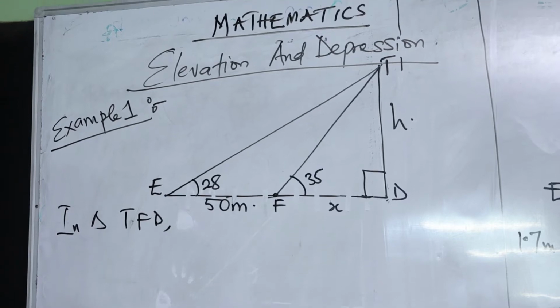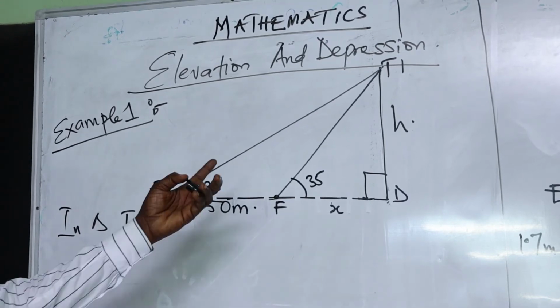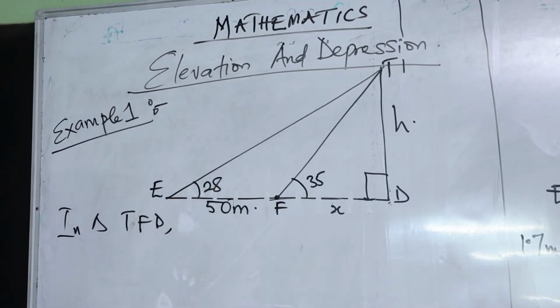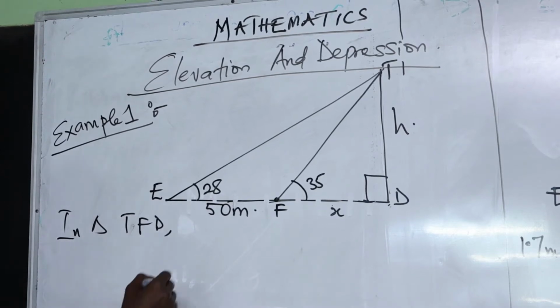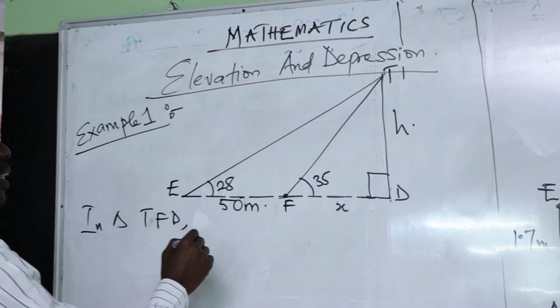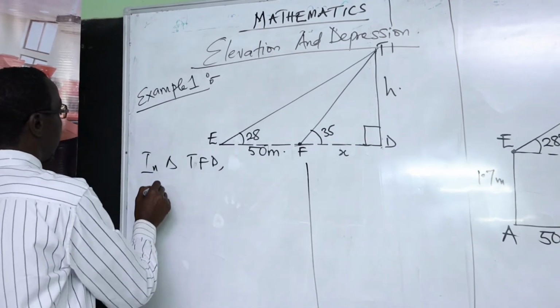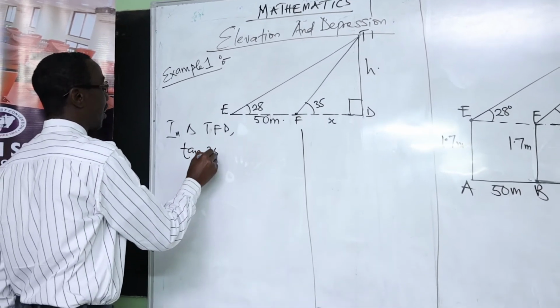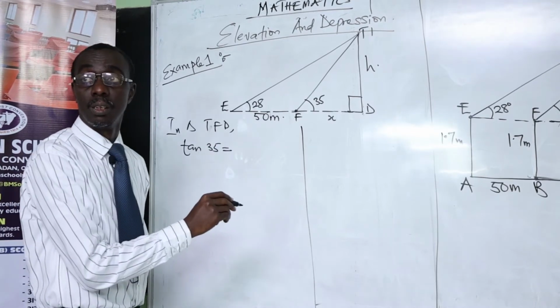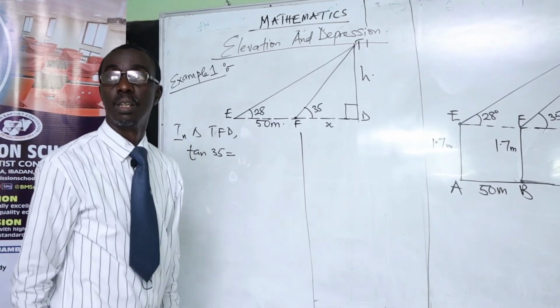Yes. That's the first right angle triangle that I can see in that diagram, right? Yes, in triangle TFD, opposite over the adjacent, tan 35 will be, yes.